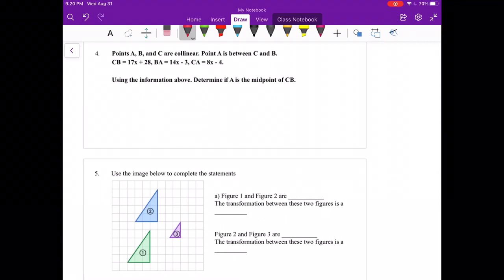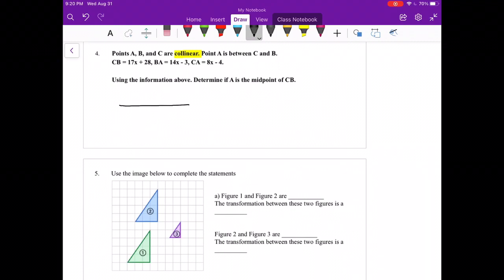Question number 4 tells us that points A, B, and C are collinear. Collinear is actually a vocab word that we should probably highlight. Collinear basically means that points A, B, and C lie on the same line.